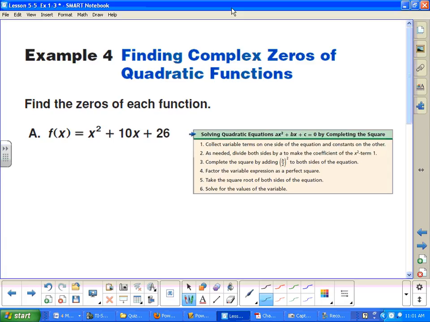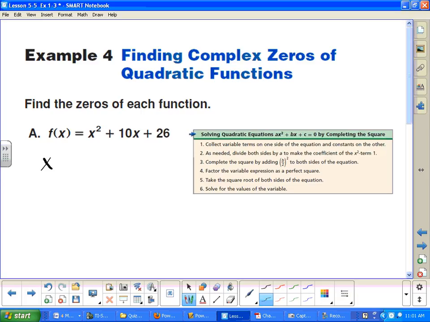So here I've put back up our steps for when we're going to complete the square. So we want to find the zeros. The first thing we're going to do is set it equal to 0, and I want the variable terms on the left side and the constants on the right.